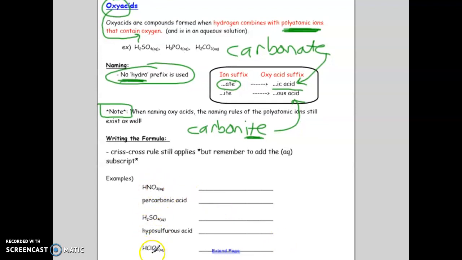If you look in your notes, we have HNO3(aq), percarbonic acid, H2SO4(aq), hyposulfurous acid, and then HClO3(aq). When you're writing the formula, I didn't really go over this, but it's crisscross rules as normal. Remember to do your (aq). You should be comfortable with crisscross right now. So give these a try. I'll pause the video and then we'll look at them, see how you did.